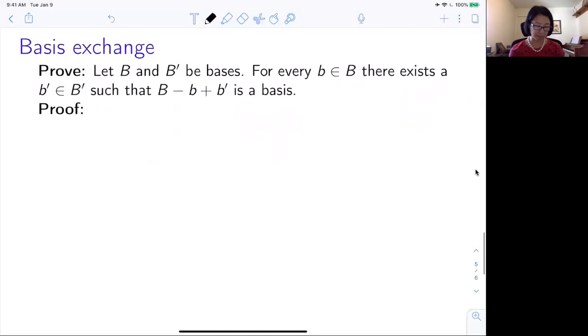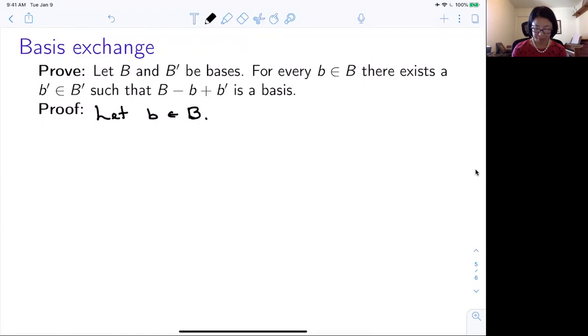What else can we show? Let's think about basis exchange. If I have two bases, I can take an element out of capital B and throw an element from B prime in and get a basis. So let little b be in capital B. Because capital B is independent, every subset has to also be independent.